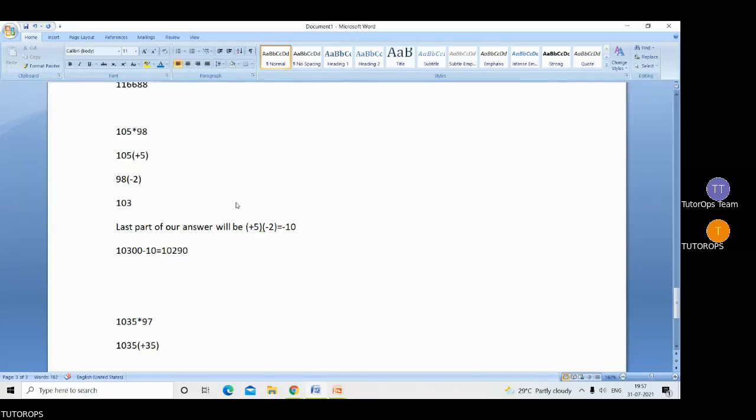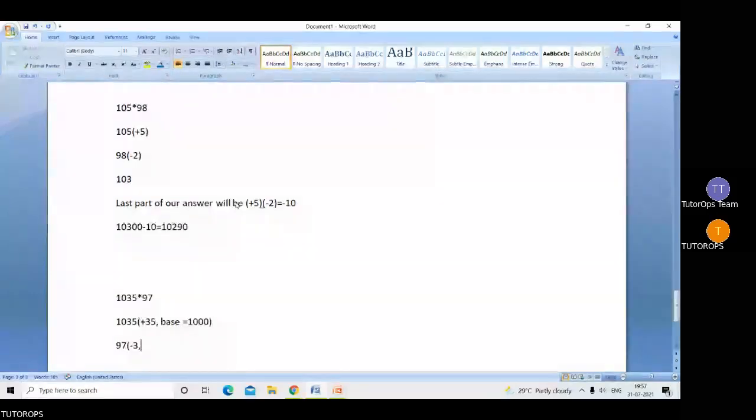Just writing the base for better understanding, here base is equal to 1000. But 97 is 3 deficient, and its base is 100. But we need to adjust the bases. Whether we can adjust it or not will define the actual multiplication.